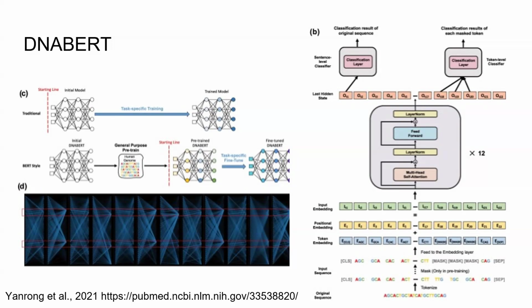Basically we can walk through how the input goes in and what we see at the end. If you look on the bottom right, that's our input sequence. That's tokenized in this case into 3-mers, and then those are embedded into some space that is meant to represent the properties of that 3-mer.